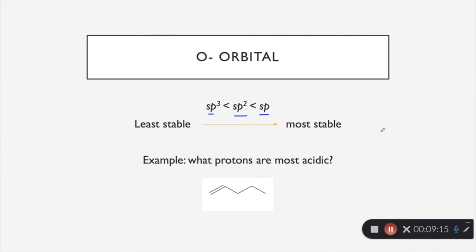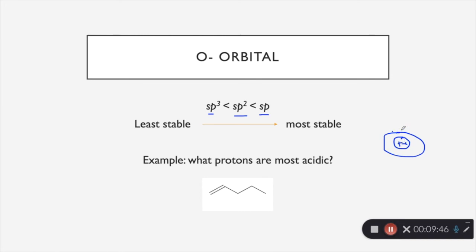So remember that you have a nucleus and it has all of these positive protons in the nucleus, and then the s orbital is the closest to the nucleus. So remember, orbitals hold electrons, so the s orbital is going to hold the electrons that are closest to the nucleus, and electrons are negatively charged, and this nucleus right here has all of the positive protons.